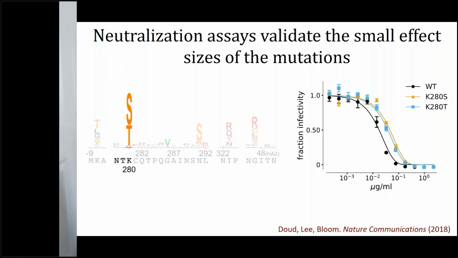If we do a neutralization assay here, we can see that in fact both of these mutations do make the virus more resistant to the antibody, but they only make it more resistant by a couple of fold. It's nothing like the 100-fold effect sizes we were seeing with the strain-specific antibody. And again, to validate that the effect is specific to these mutations, if we put in an alanine, which is not selected by the antibody, we see that the virus does not become more resistant at that site.